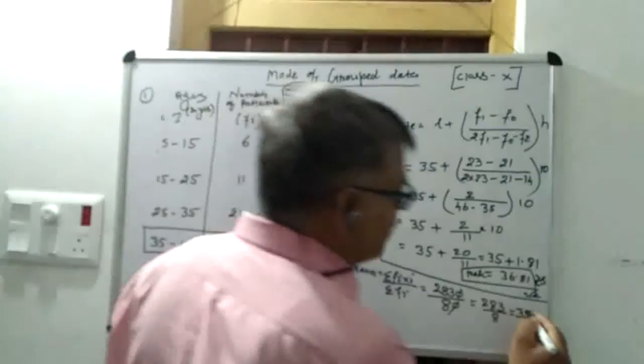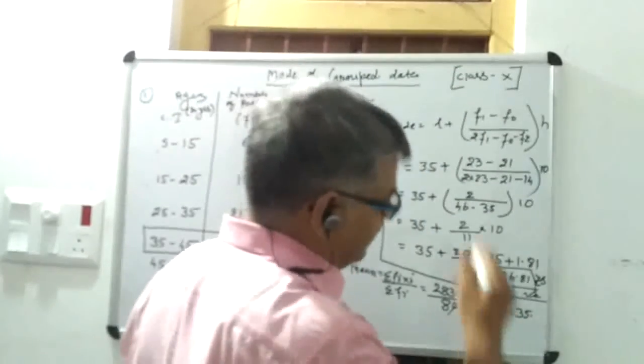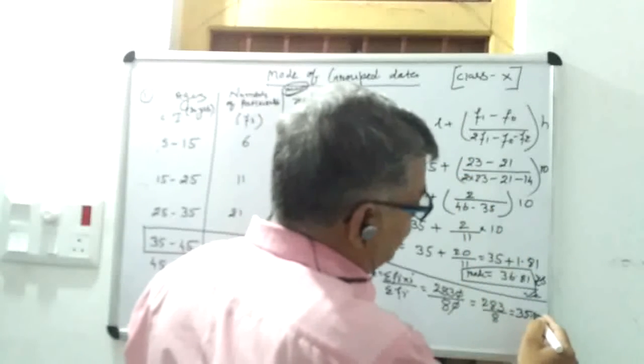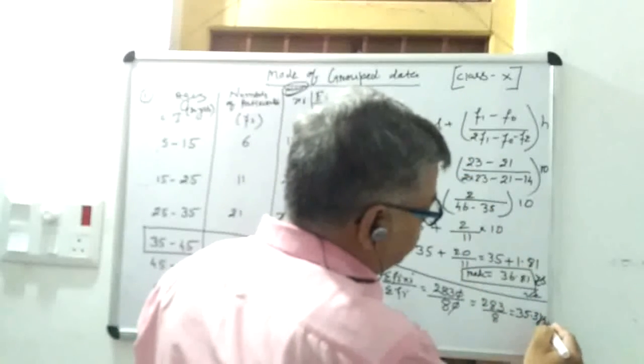So put the decimal, 3. 8 3s are 24, 8 4s are 32.